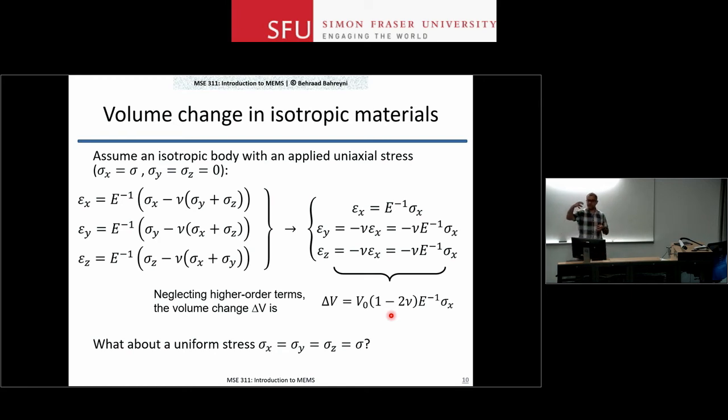So for example, if this is a piece of material and I have hydrostatic pressure, meaning that I just put it inside a liquid so that you have the same pressure applied from all directions to this structure, what happens to the volume of that structure? You can show that in this case, the change in volume is proportional to 1 minus 2 nu cubed.